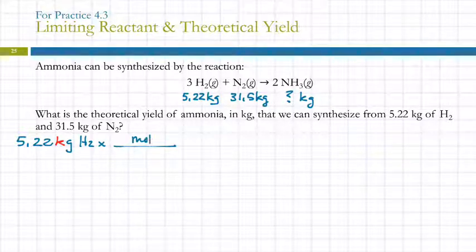So moles of hydrogen to moles of what? The one with the question mark. NH3. So we don't want to find out how many moles of nitrogen. This is our question. We want to find out how many moles of ammonia. And then grams.